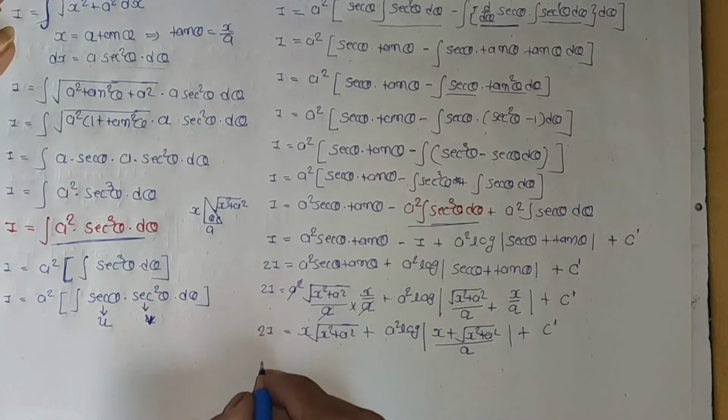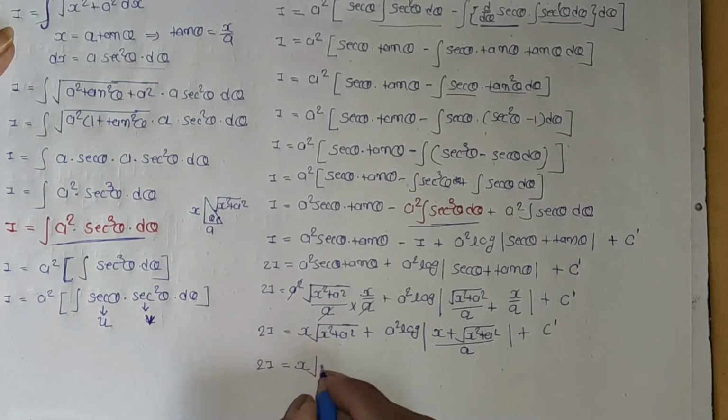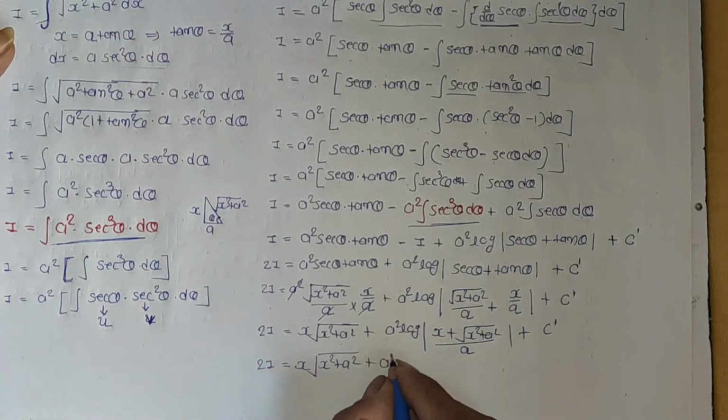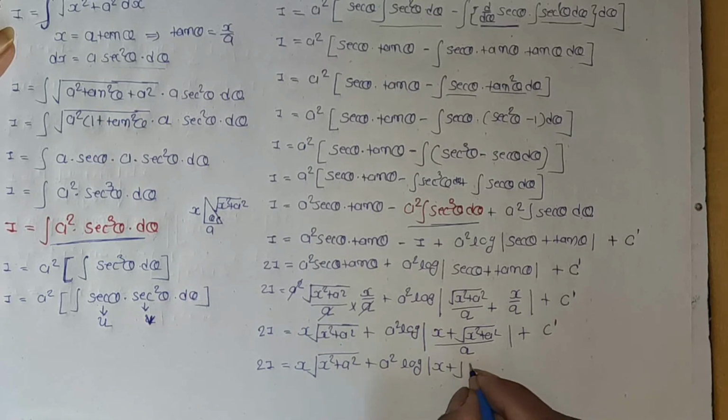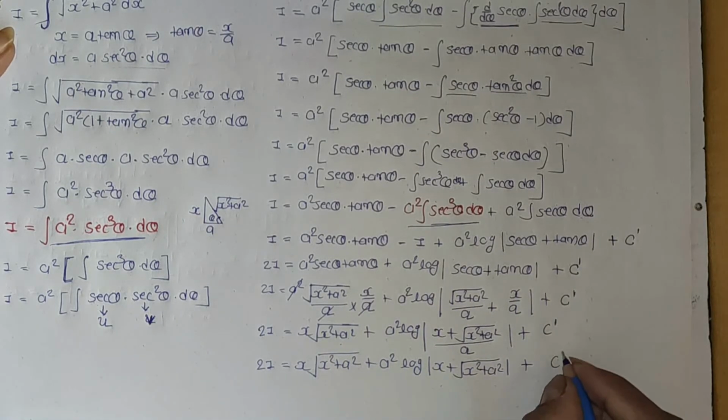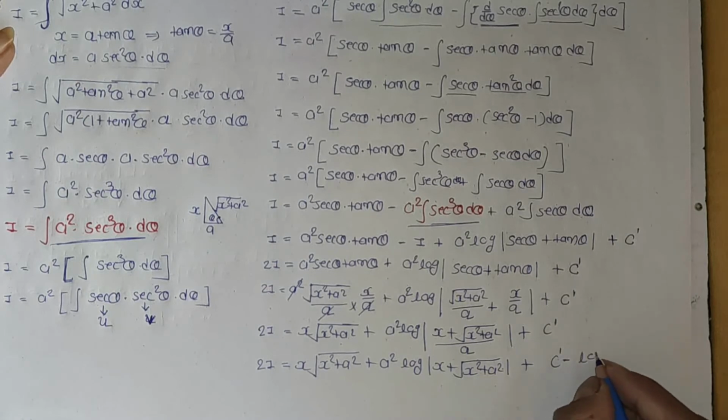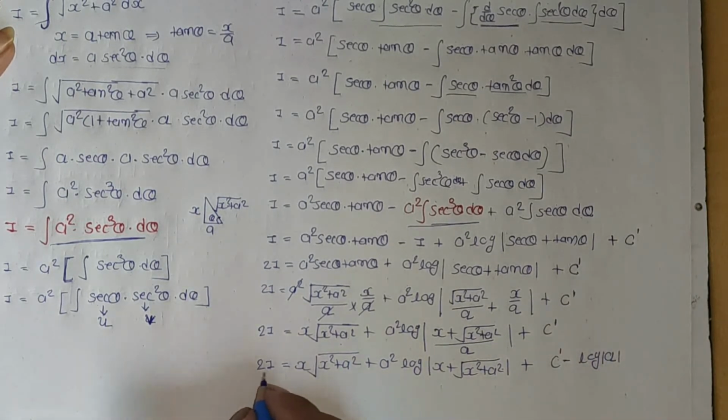Now 2I is x square plus a square log mod a plus square root of x square plus a square plus c dash minus log mod a, and this is 2I.